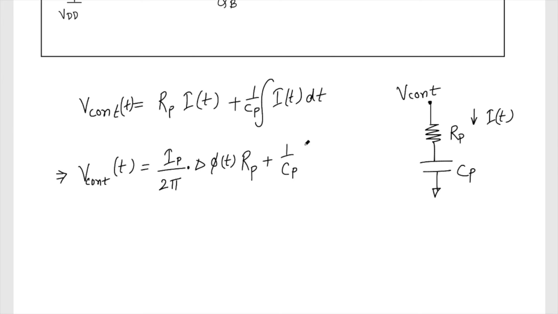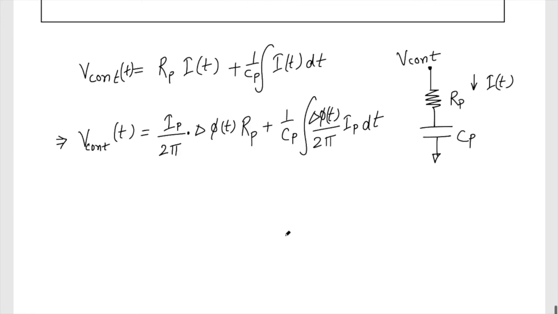Again, we are substituting it by delta phi t by 2 pi into IP dt.